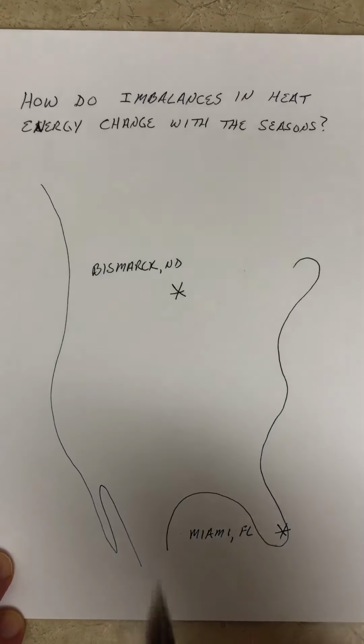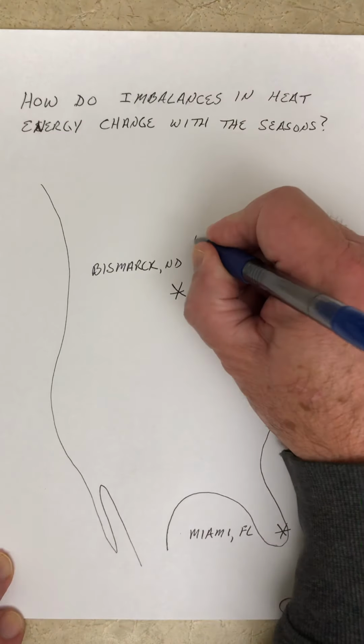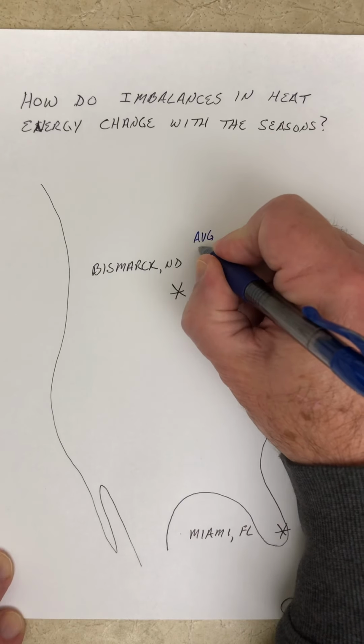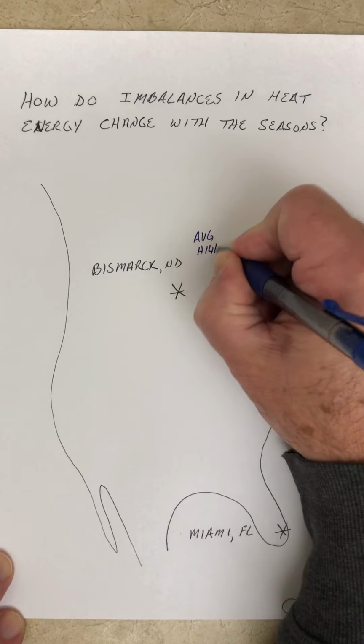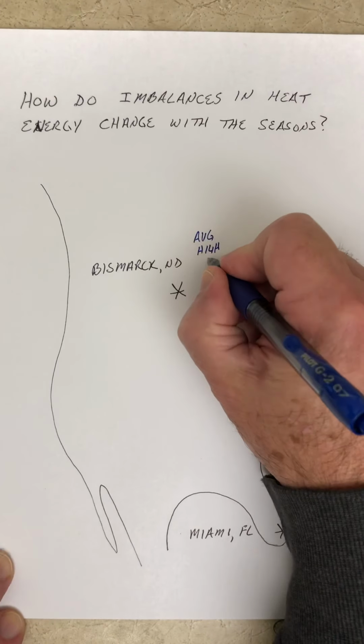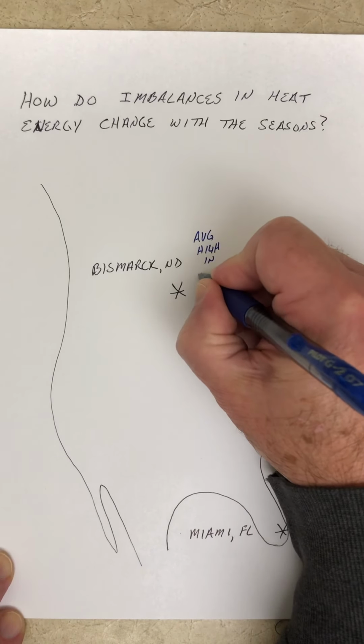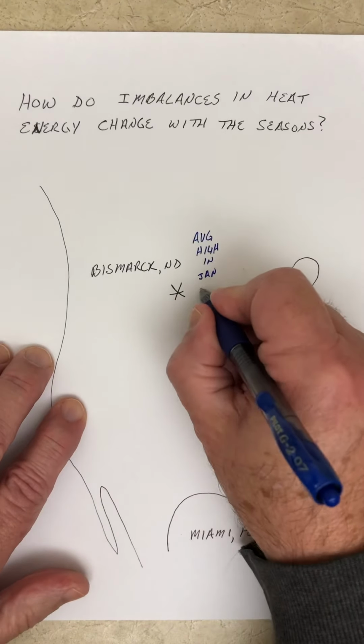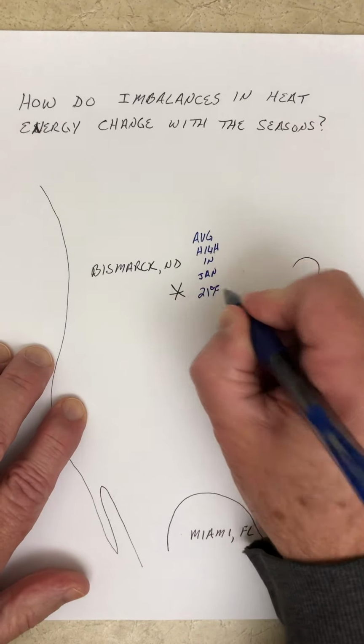Okay, so let's first take a look at the average high temperature in January. We have Bismarck, North Dakota, and that is 21 degrees Fahrenheit.